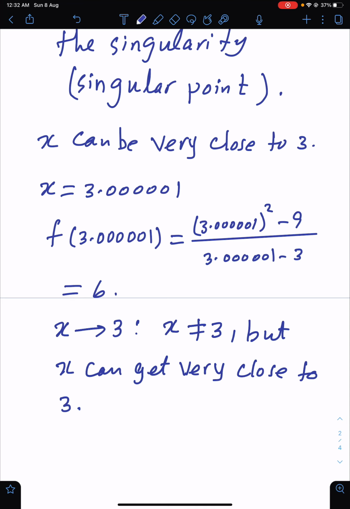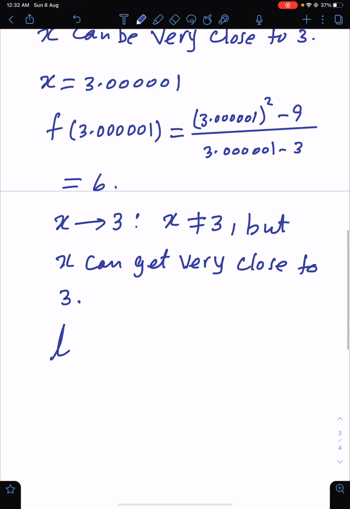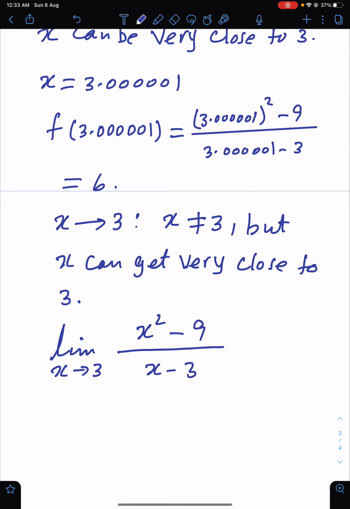And in this case, we're going to introduce the limit. Limit as x approaches 3 of x squared minus 9 divided by x minus 3. This limit means x is not equal to 3, but x can get very close to 3. And we'll be solving more problems in the coming videos.